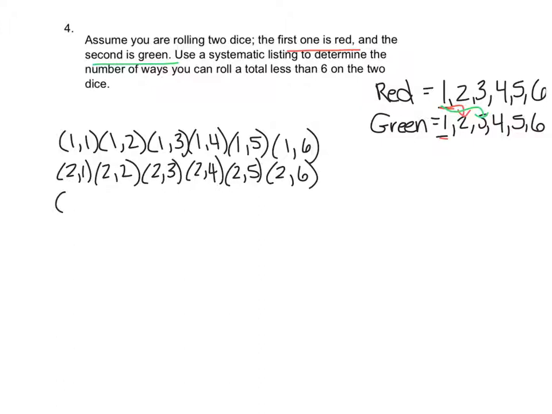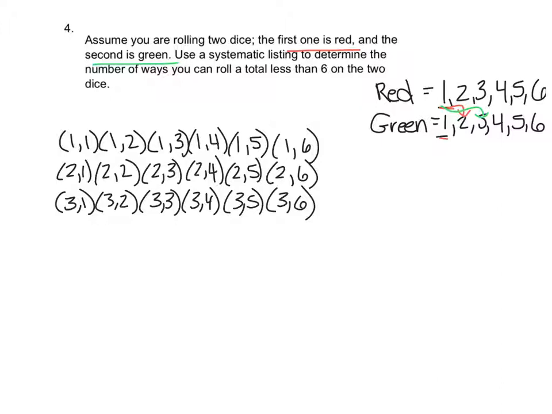So I listed all the outcomes for rolling a 1 on the red die. I also listed all the outcomes for rolling a 2 on the red die, and now I'm going to list all the outcomes for rolling a 3. So I have 3, 1; 3, 2; 3, 3; 3, 4; 3, 5; and 3, 6.